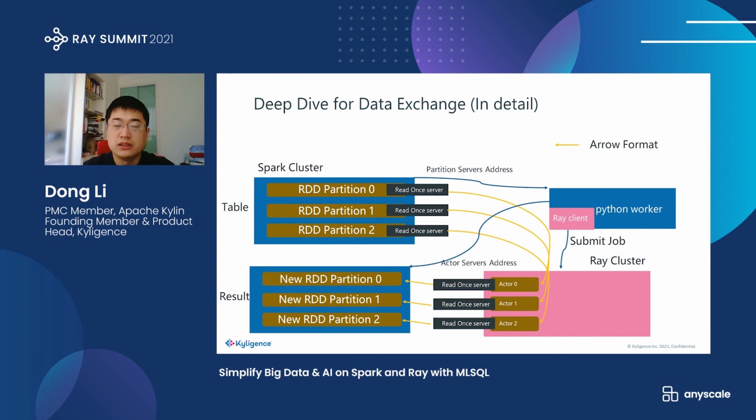After the training is completed, we will store the model on HDFS and return it to Spark in a single value table, which means a table of just one record and one field containing the address of the model. You can also directly transfer the model to Spark in a binary format and then save it in the data lake. In this case, it is directly transmitted back through the Ray client.